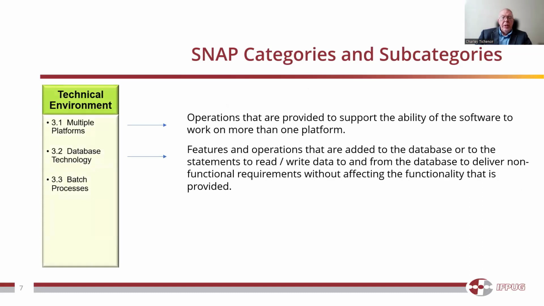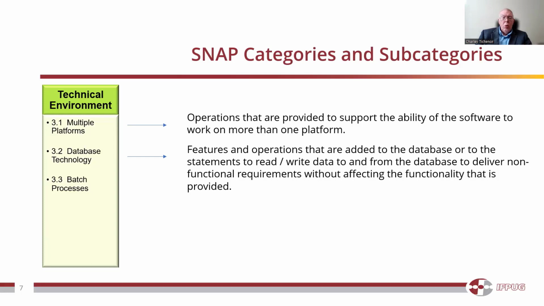In the technical environment, here are 2 of the 3 definitions. The batch processes is a long definition, so that'll be on the next slide. But for example, for database technology, you may have a situation where you have a field in the database that has 2 bytes and you need to change it to 4 bytes. That's not countable under function points. An example would be during Y2K, year 2000, where much software was carrying the year in a 2-byte field, and now it had to be changed into a 4-byte field.